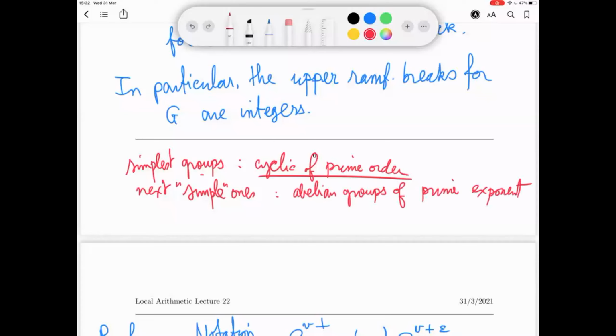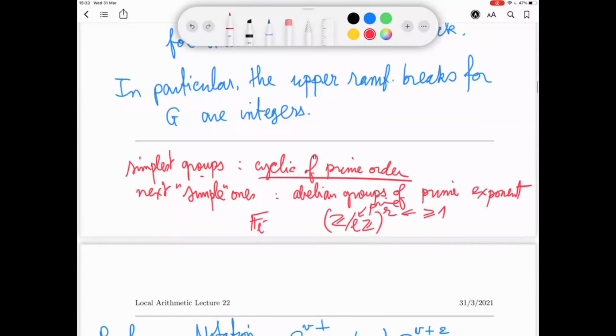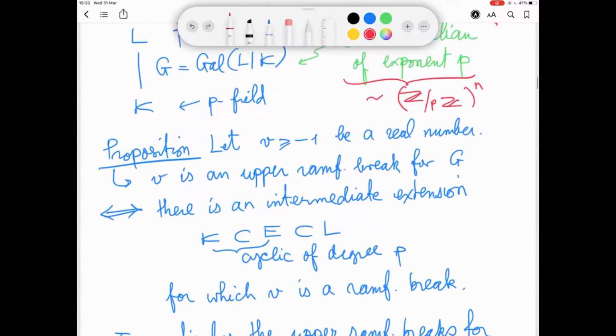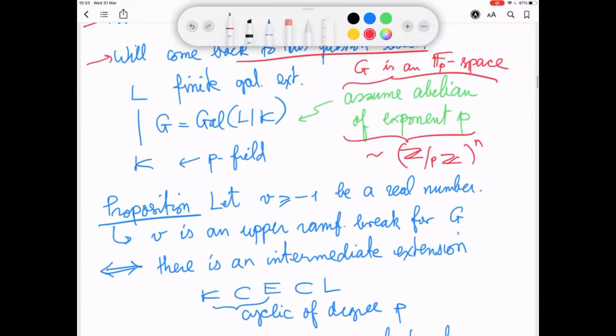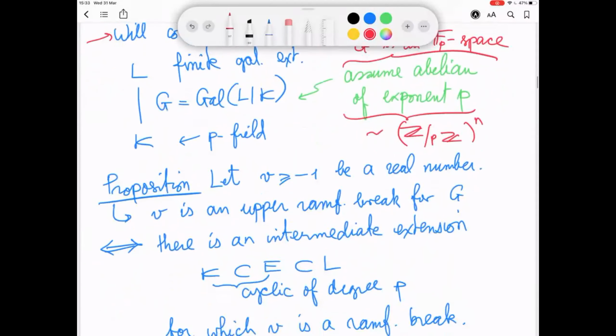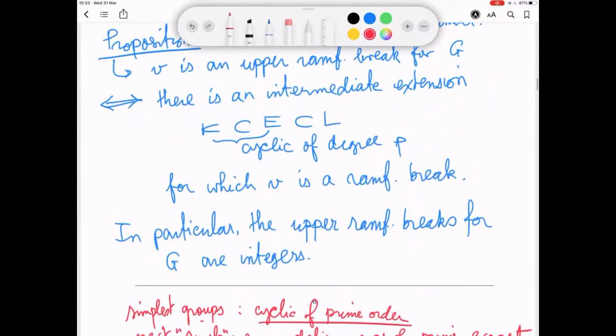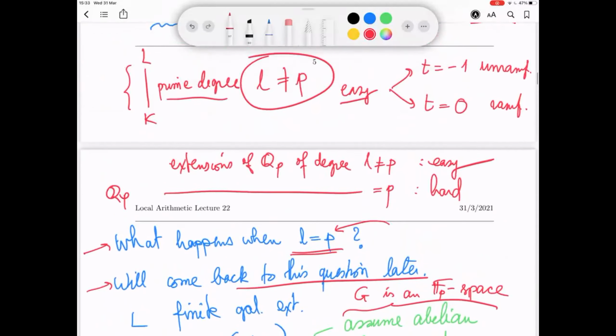That's a fancy way of saying these are groups of the form Z mod LZ to the power R, where L is a prime and R is some integer. So these are actually just F_L vector spaces. And we've seen that cyclic extensions of a P-adic field of prime degree L are easy.